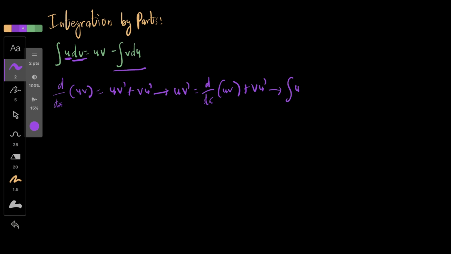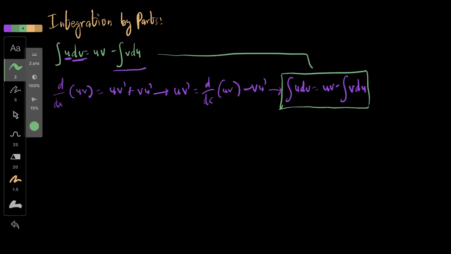So we get the integral of u dv is equal to, and sorry, this needs to be minus over here, uv minus, by the same process, the integral of v du. And there you have it. There is that integral we saw in this formula proved by the product rule.